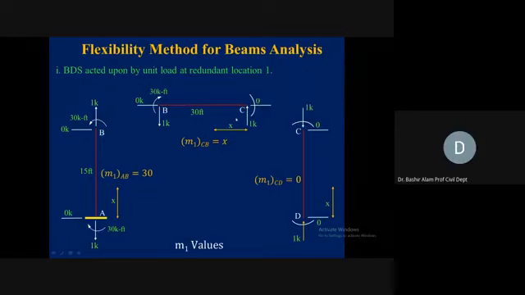Now let's analyze member BC. One kip in the upward direction, so at joint B it should be in the downward direction. Horizontal is 0. Now, one kip upward and one kip downward cause a couple, so it will cause a spinning effect. We need to stop this spinning, so we can balance this couple by a moment.